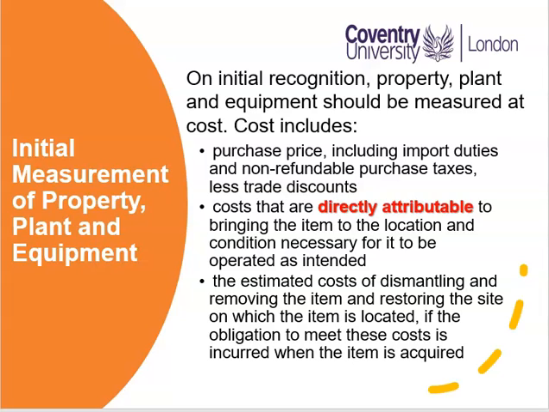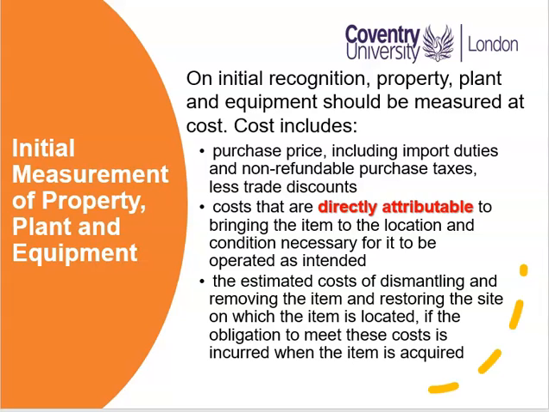Recognition of property, plant, and equipment. There are 3 phases of recognition. The first is initial recognition. The second is subsequent recognition and derecognition. Initial recognition is the time that the item is first introduced into the financial statements.